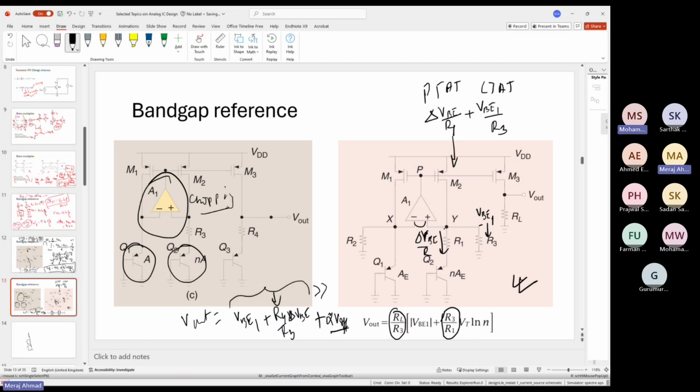Based on what non-idealities you are targeting, you can do it. The temperature coefficient of this, which I showed in simulation, may be good enough for some applications. This architecture works very well for some applications, but it purely depends on your application.